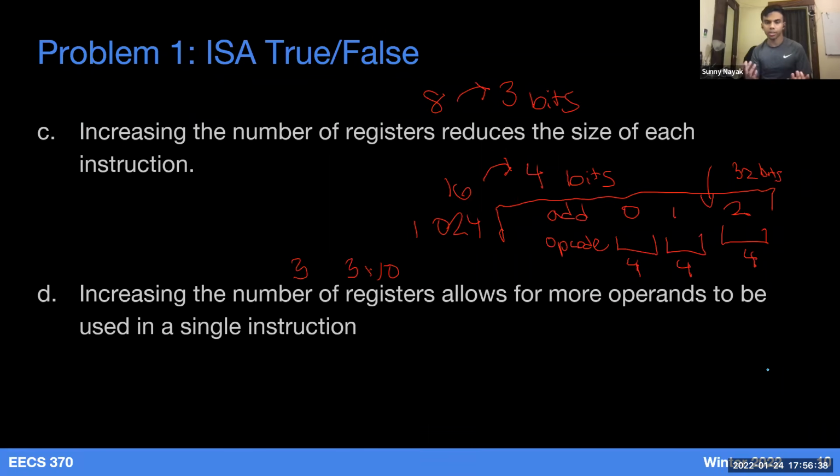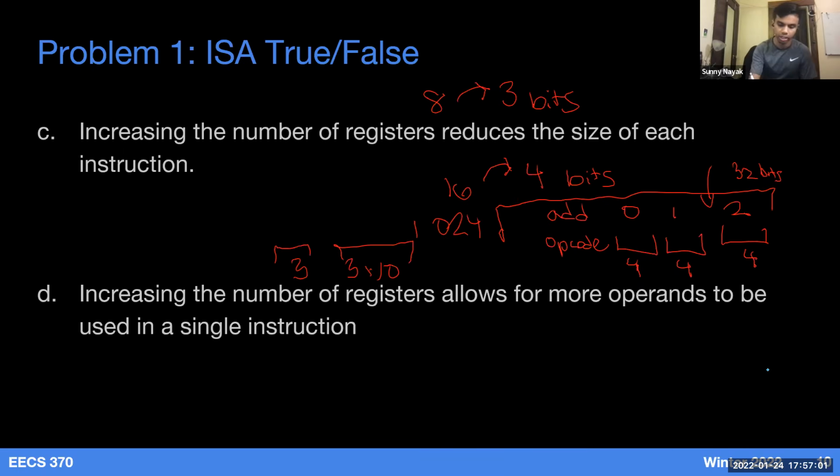So the short answer is that the number of registers doesn't affect the size of each instruction. In fact, if I did continue to increase the number of registers, it would eventually end up increasing the size of the instruction, because under the current representation, I don't have enough bits.